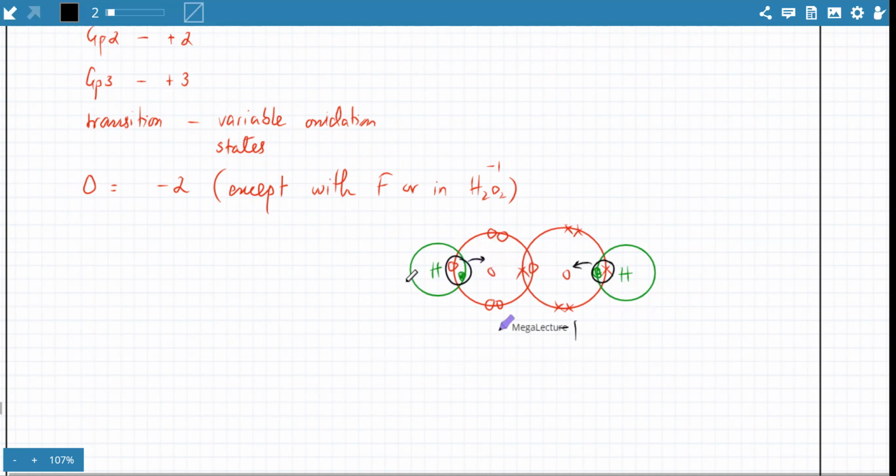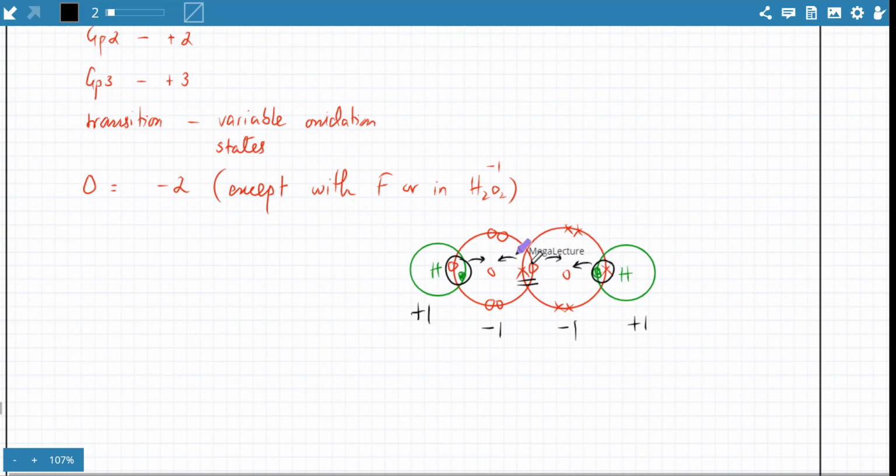Oxygen is more electronegative. H lost one electron, so it became +1. This H also became +1. What about these middle electrons? Both sides are oxygen, so they are equally being pulled by both oxygens.